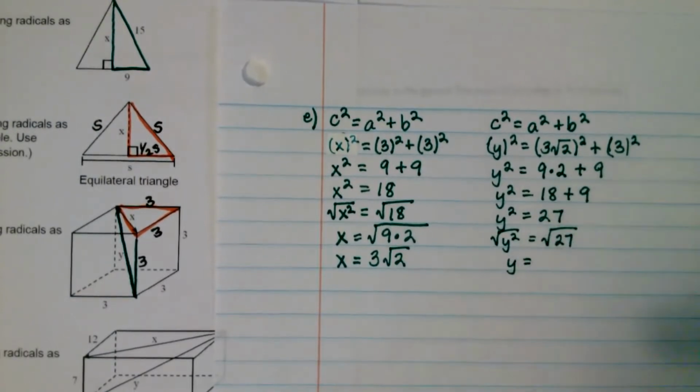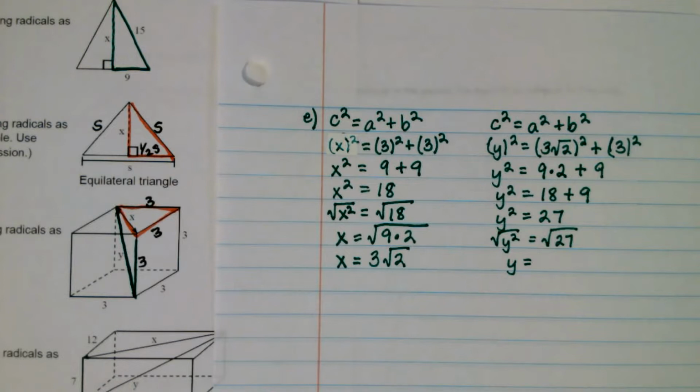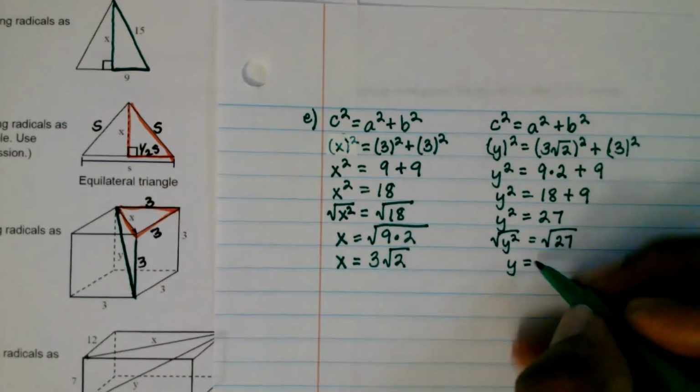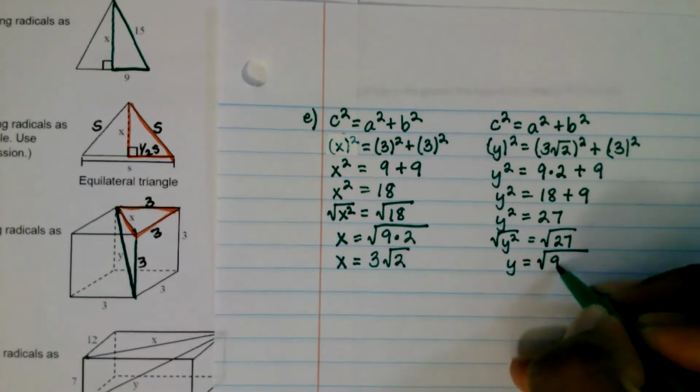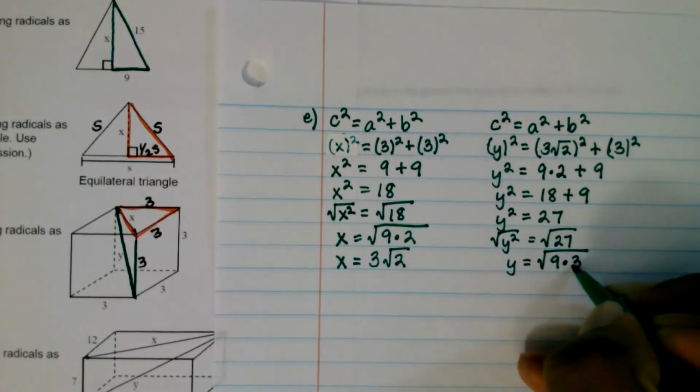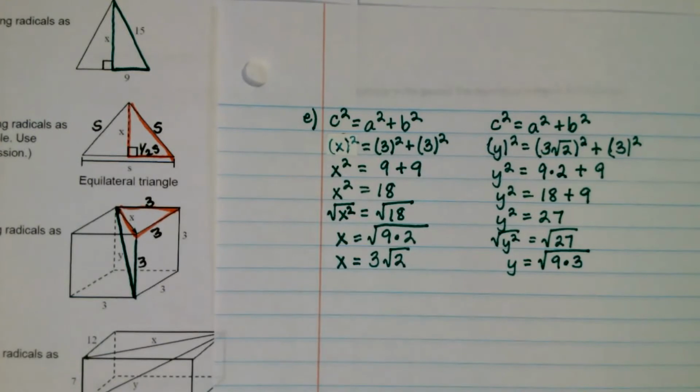So here y is equal to, now again, 27 is not a perfect square. So that tells me I need to look for the largest perfect square that would go into 27 evenly. I can tell you 16 won't go into 27, and 9 will go into 27 evenly. So we're going to use 9 times what number gives me 27? Has to be 3. So I can write that as y is equal to the square root of 9 times 3.